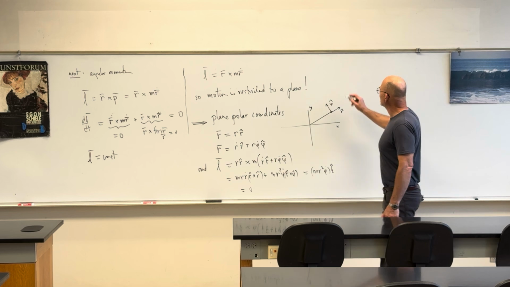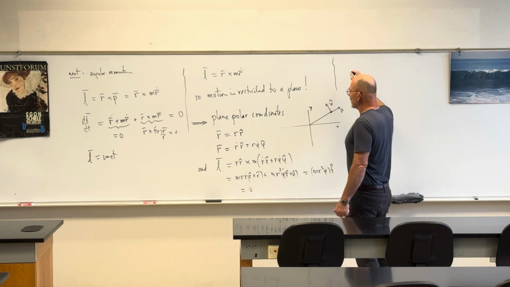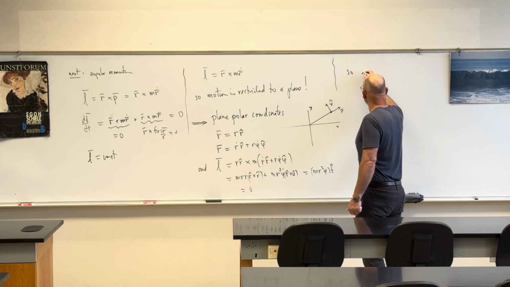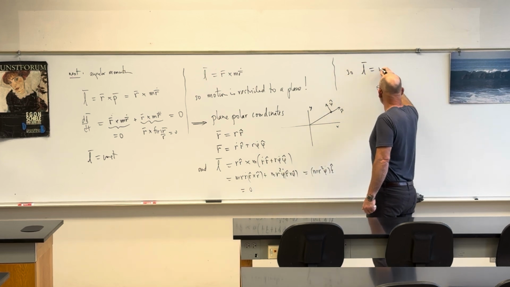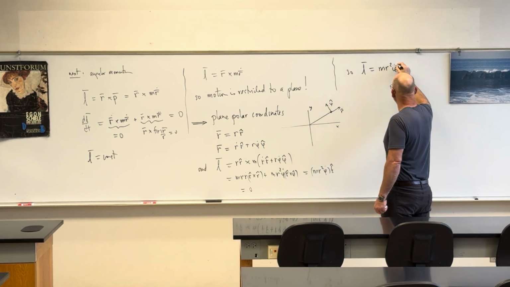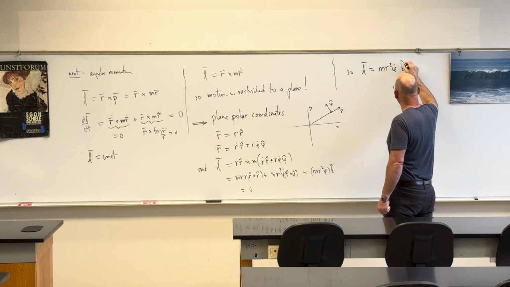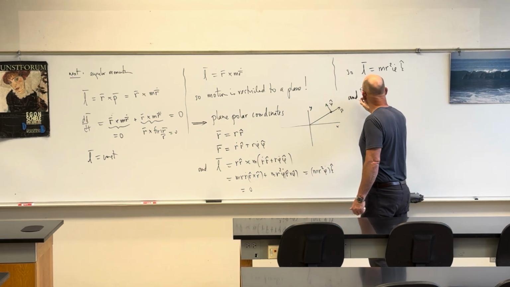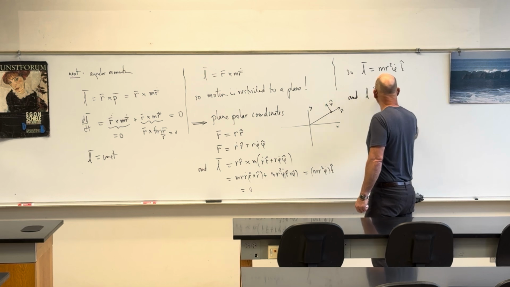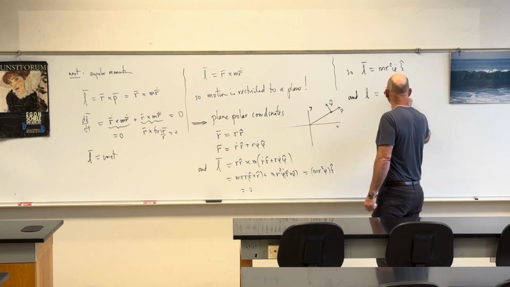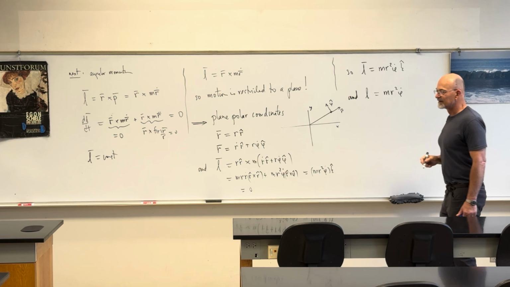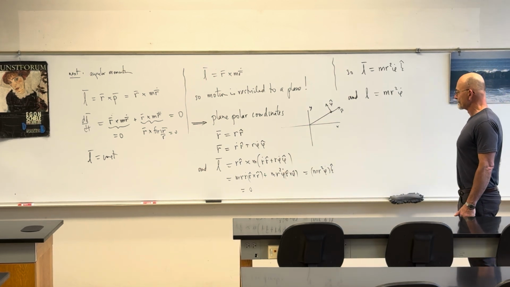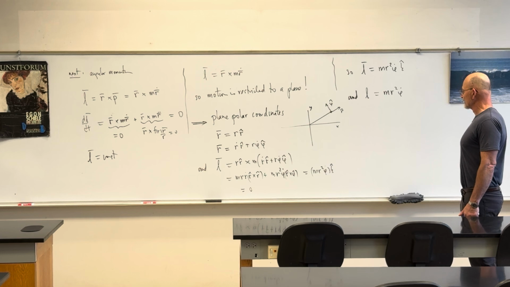Good. So L is m r squared phi dot k hat. And the magnitude of L is just m r squared phi dot. What else do we have to say?